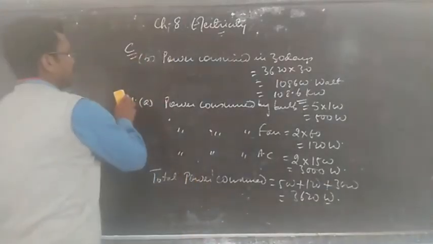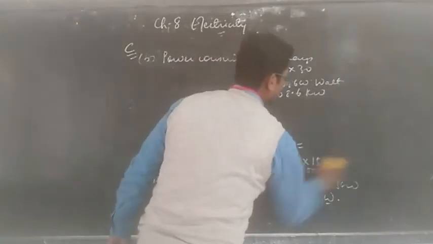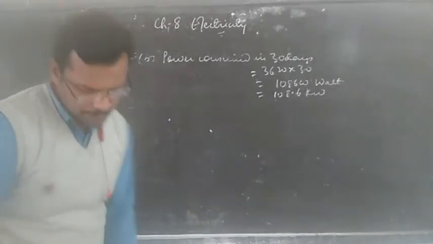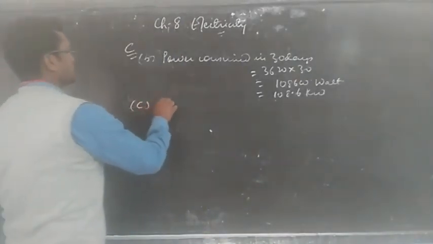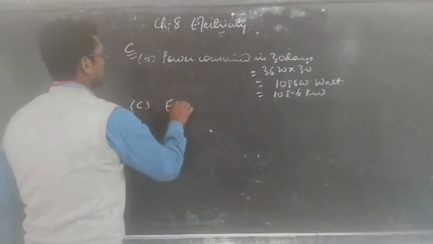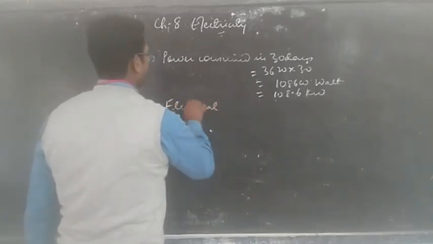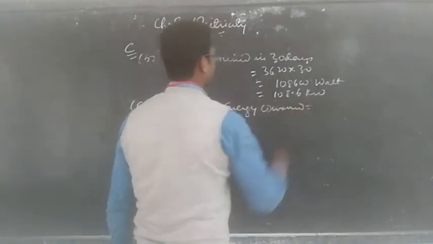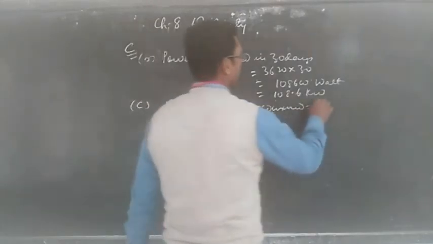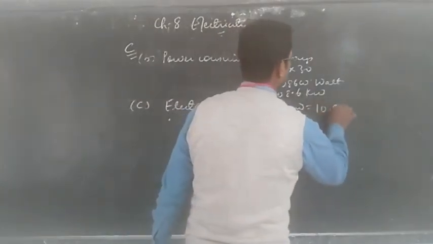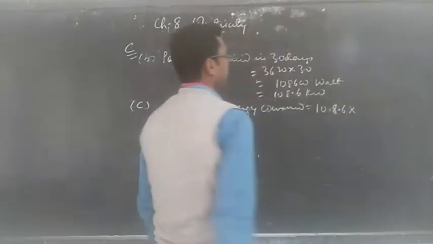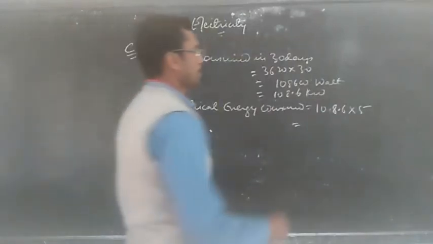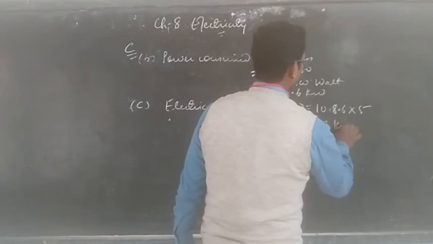Now electrical energy consumed. Part C is total electrical energy consumed. We know the formula electrical energy is P into T. So power we have already got, 108.6, multiplied by time, which is 5 hours, will be equal to 543 kilowatt hour.